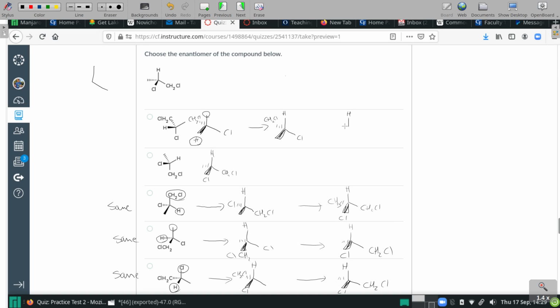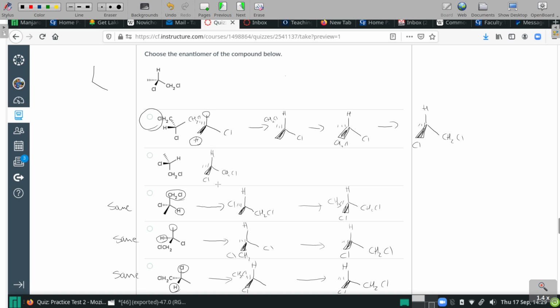So that's a second swap, but that puts this as the CH2Cl. And we would technically need to do one more swap because we need the chlorine and the CH2Cl to swap places. Alright, but three swaps. The fact that we did three swaps, this is our enantiomer.